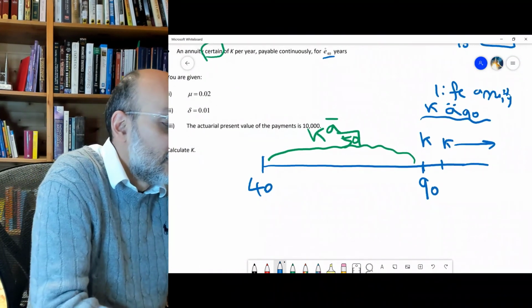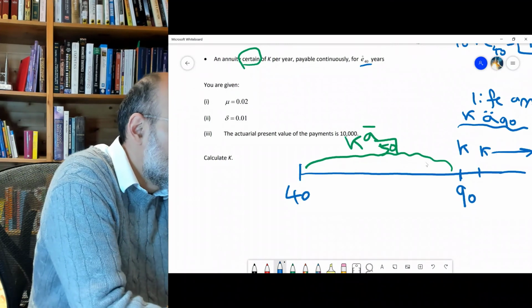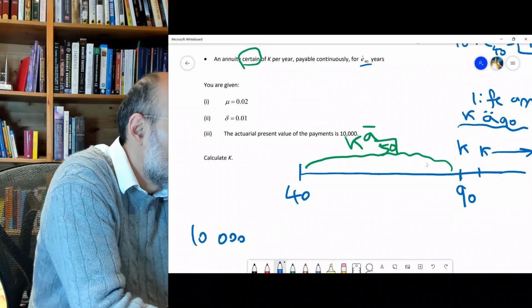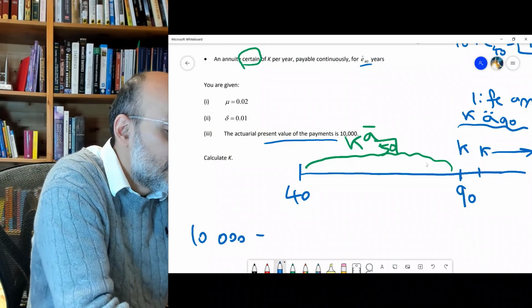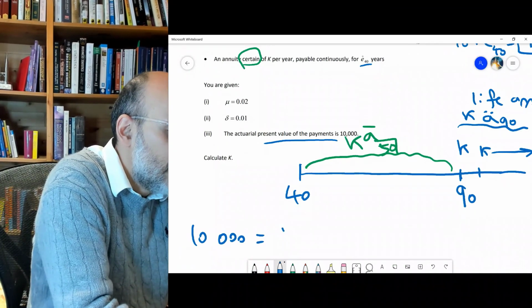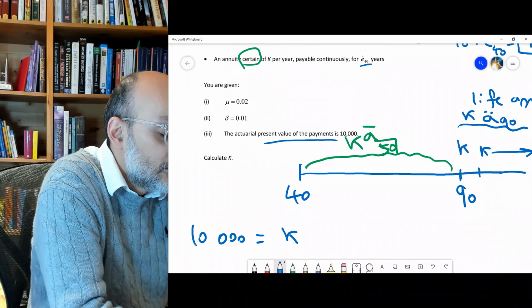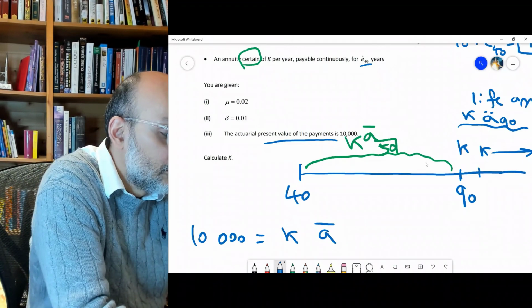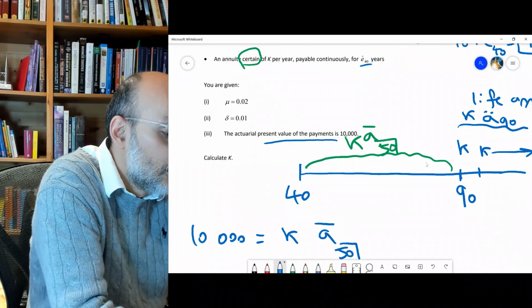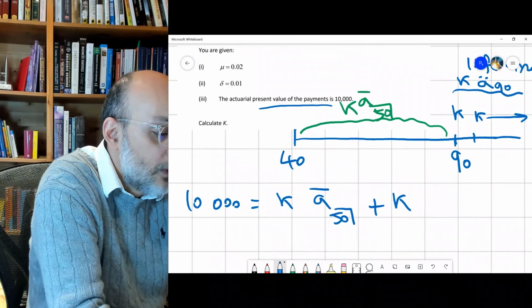Does that make sense? What is the value here? The value is 10,000. It's given in the question. And we need to calculate what's the payment that is needed. So we have K. Firstly, you have an annuity certain for 50 years plus K. But now this one is at age 90.